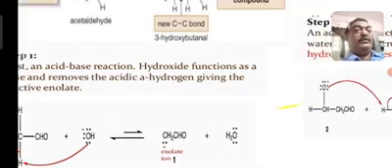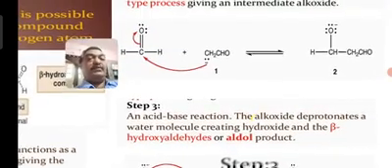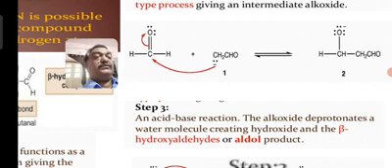In the second step, the enolate anion will react with another molecule of aldehyde, whereby the oxygen will get a minus charge, that is CH3CHO and CH2CHO. So the anion of a second molecule results.